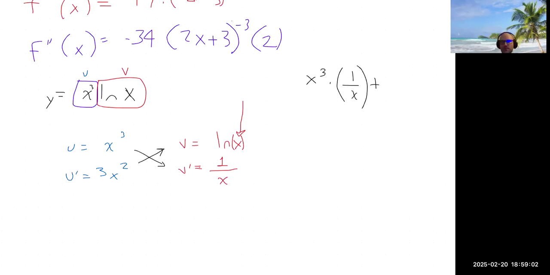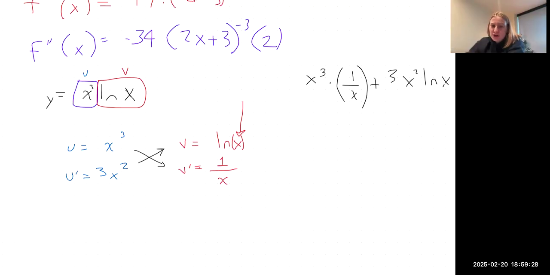When it's the product rule, it's a plus. Then it's the u prime, which is 3x squared, times the v. So it's u times v prime, and then u prime times v.